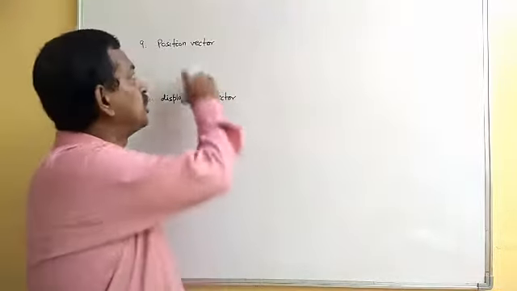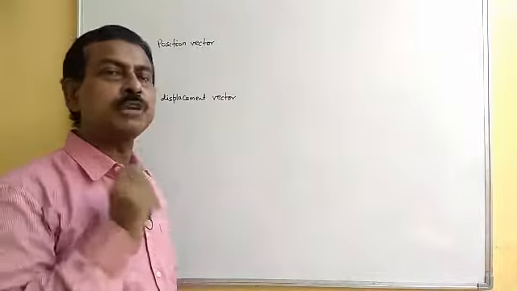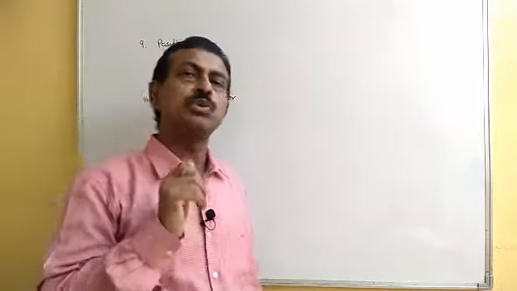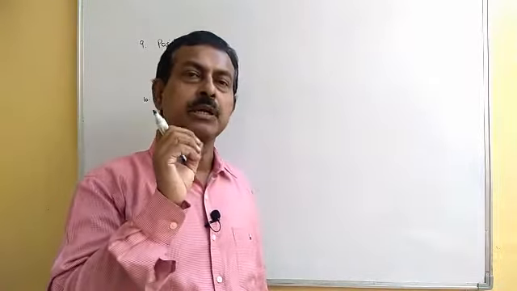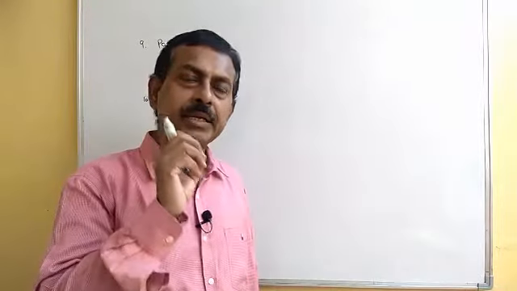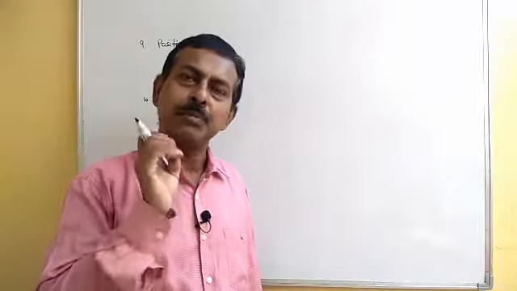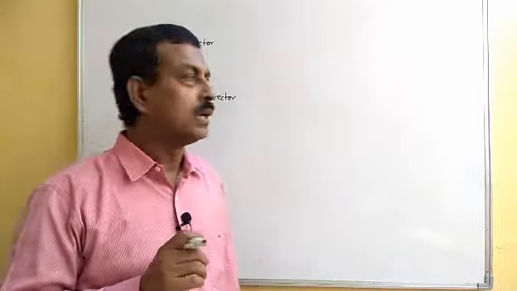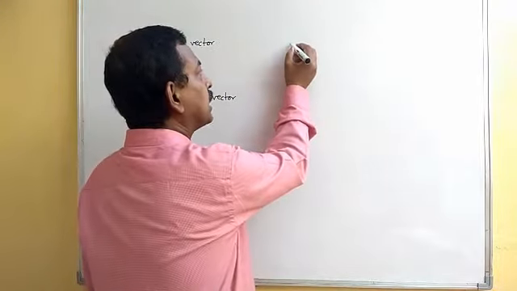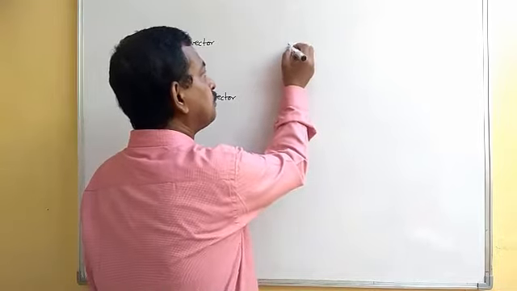Another vector is the position vector. Position vector gives you the position of a particular particle or a body at a particular instant of time. Suppose we take a Cartesian system.